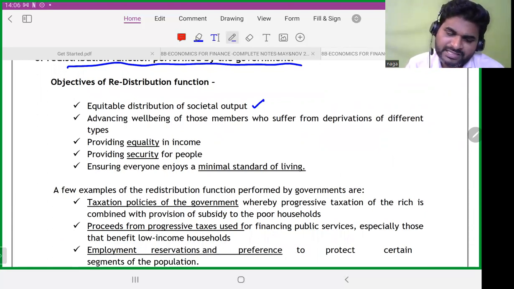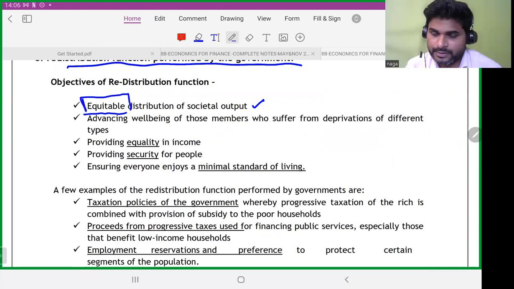Not equal. There is a difference between equal and equitable. Reservations are equitable distribution. The so-called reservations in employment are equitable distribution. I'll explain equity with an example. Say someone is earning 100 rupees per day and someone else is earning 500 rupees per day.